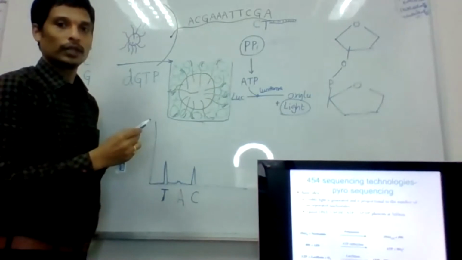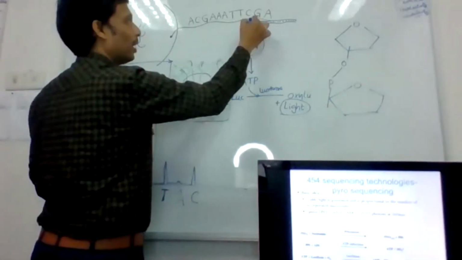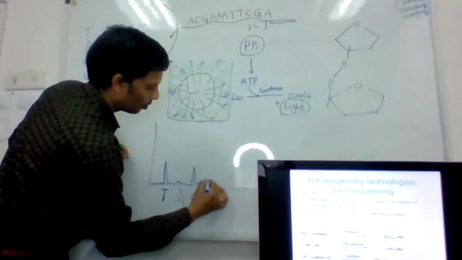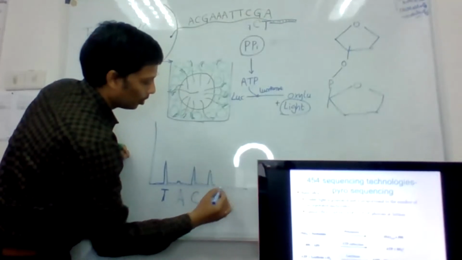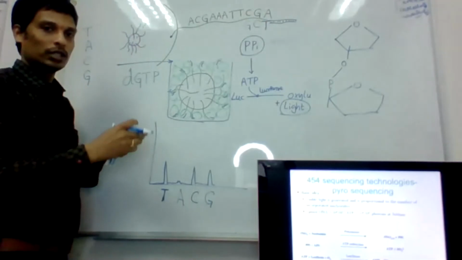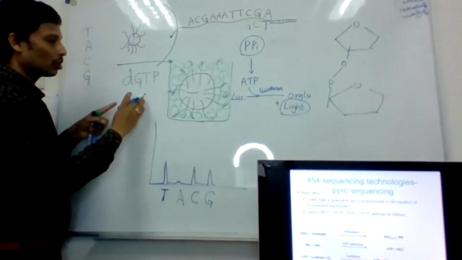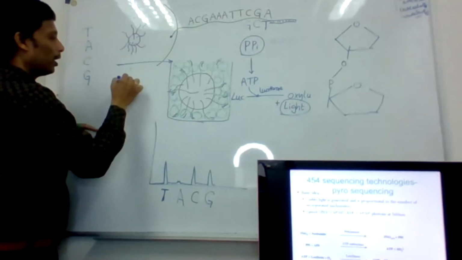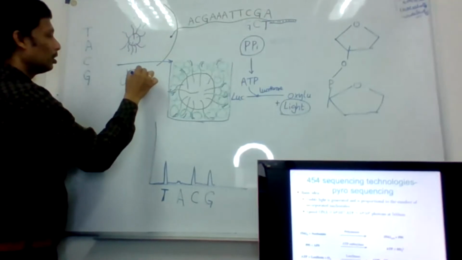Yes or no? Yes. G will be added and the light will be produced. The next one is the next cycle. The sequencing does not stop here. So you will remove this and add DTTP again.